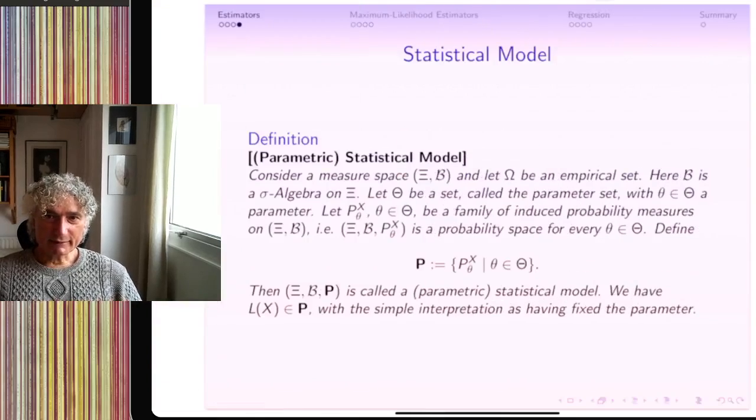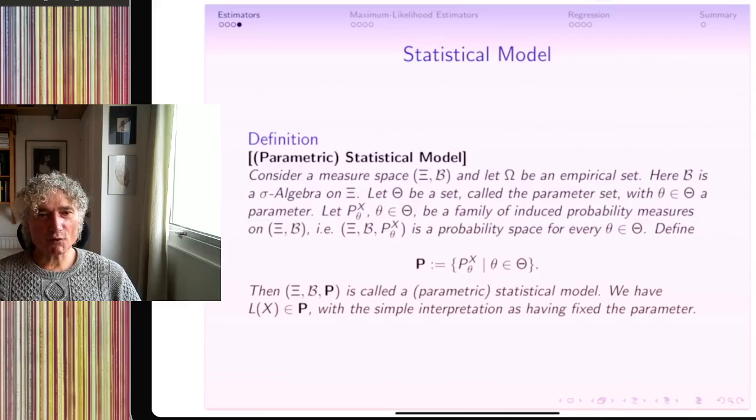Now we have to come to the idea of a statistical model. So what is the general idea? We have a given data set, and we assume that this data set has been created via the random variable capital X we discussed in the previous slide.